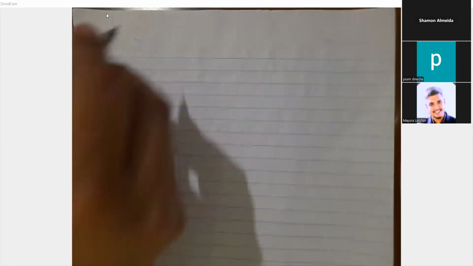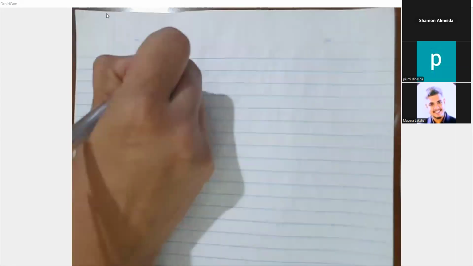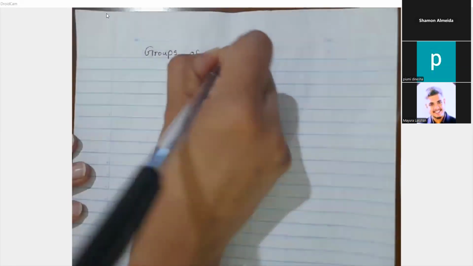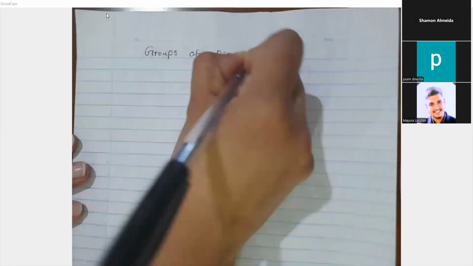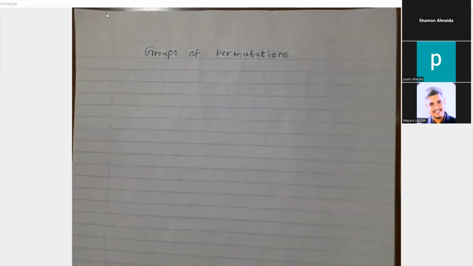Moving from here, the next topic to be discussed, groups of permutations. We already know one group of permutation. What is that?